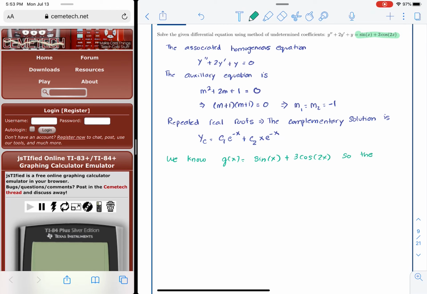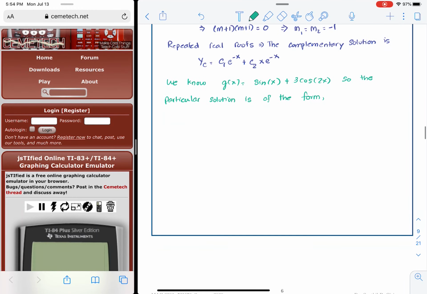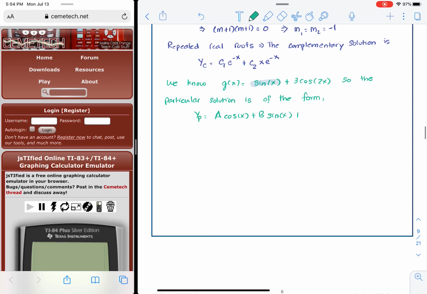So the particular solution is of the form yp equals a cosine x plus b sine x, corresponding to that part, plus c cosine 2x plus d sine 2x, corresponding to that part.